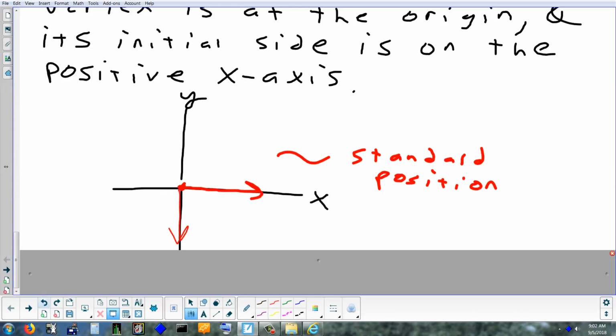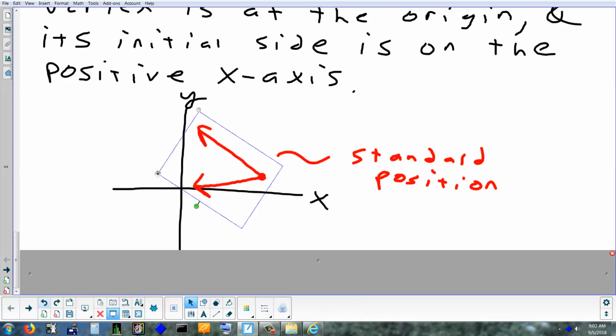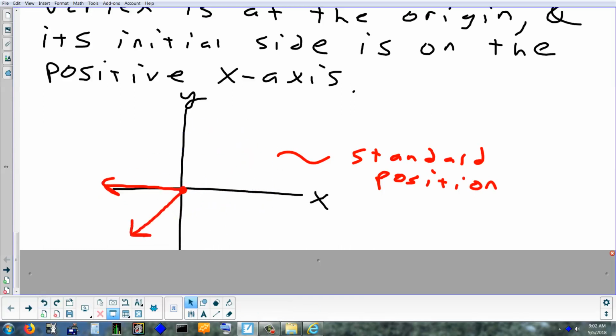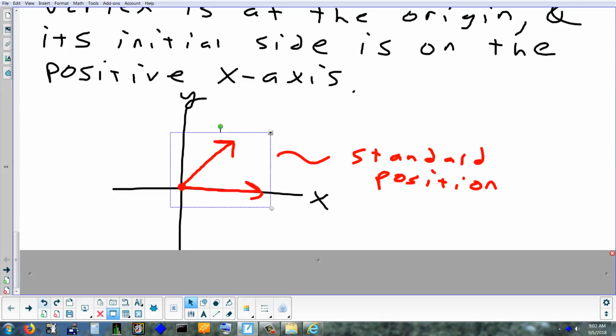I mean it's completely rotated, like 180. Rotate that 180 degrees? Okay. But on the origin, yeah. So what's your question about it? Is that still technically standard position or no? What do you guys think? Is that standard position? No. Nope. Because the initial side is not on the positive x-axis. Oh, okay. It's on the negative x-axis now. Yep.